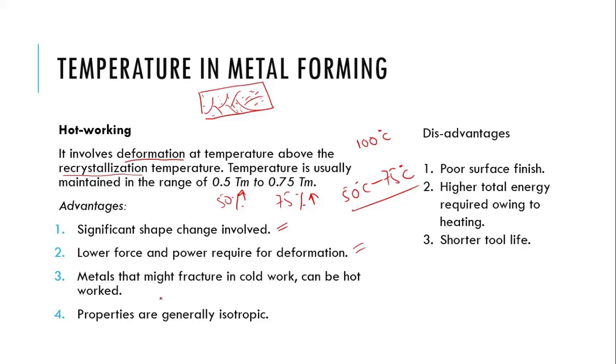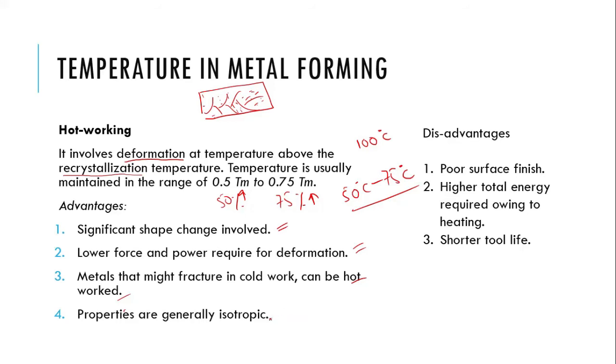That's why there's a possibility that the metal might fracture in cold working. A material which is brittle in nature, if it is cold worked, there's a possibility it will fracture, so such materials can be hot worked. Materials which have brittleness in their nature can be hot worked easily, but they cannot be cold worked.